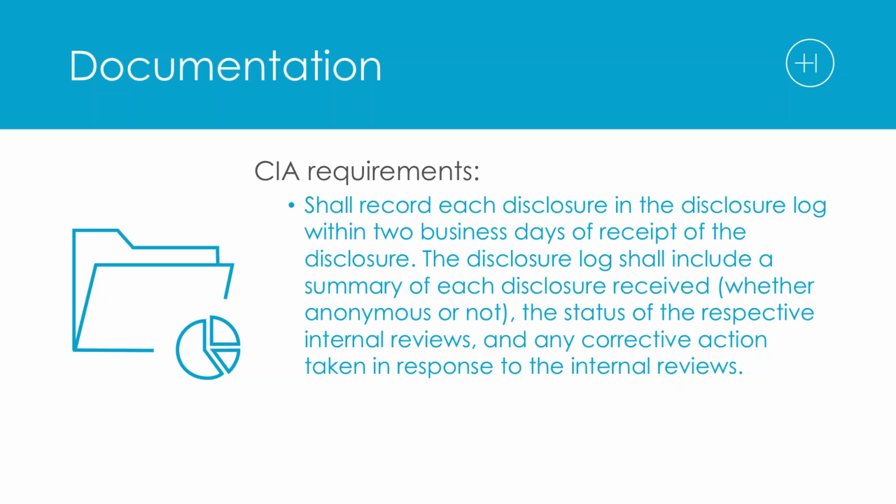They're saying you shall record it in your disclosure log within 2 business days of receipt of the disclosure. The disclosure log shall then include a summary of each disclosure received, whether it was anonymous or not. Remember, back in our discovery slide, we talked about, was it anonymous? What was the source?